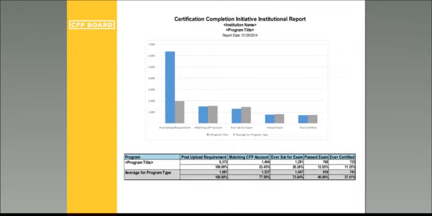So when I say getting dinged on a review, the only way that's going to happen is if an institution has very, very low scores, particularly in matching an account and sitting for the exam, and in their self-assessment they come back and say, well, we don't have any strategies for either of those things and we're not going to work to improve it. That's going to be a problem.